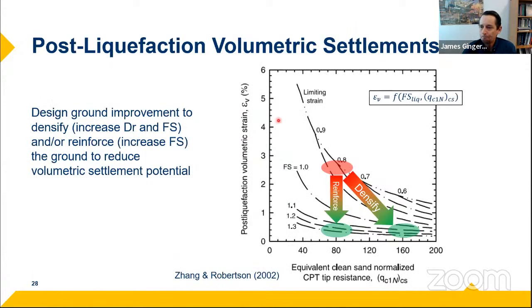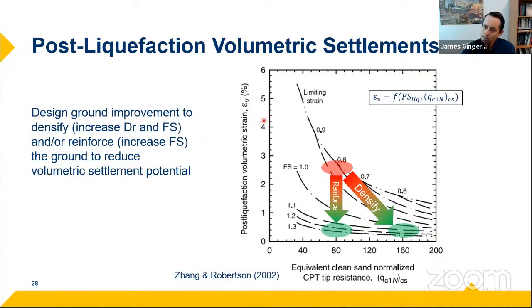Okay, so for the deeper layers where we're concerned mainly with the volumetric settlements, the post-liquefaction pore water pressure dissipation settlements, we typically use these kinds of relationships for liquefaction settlement estimation. This is from Zhang and Robertson.